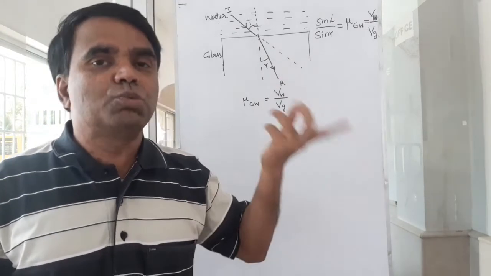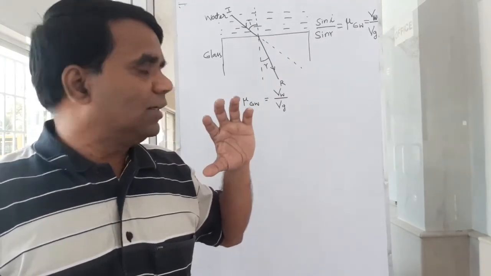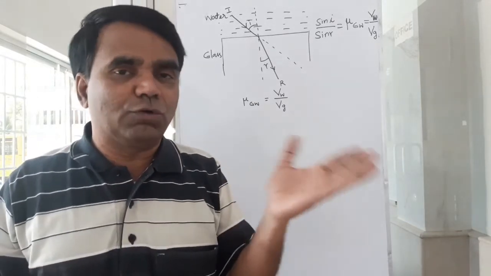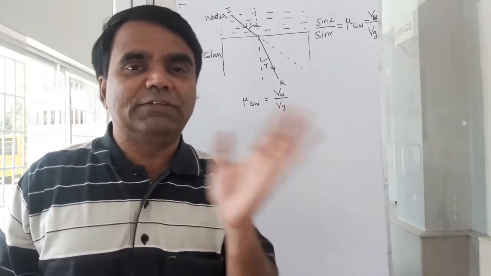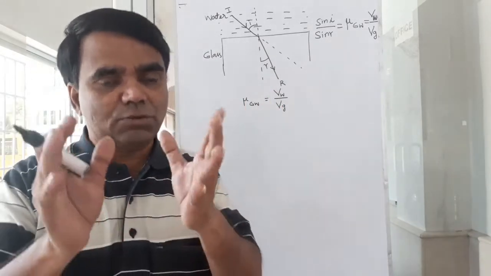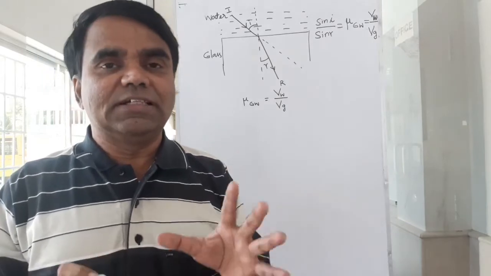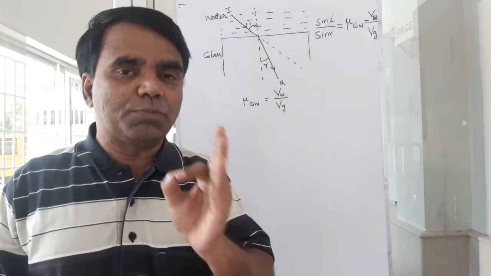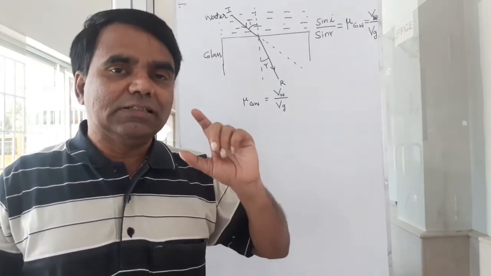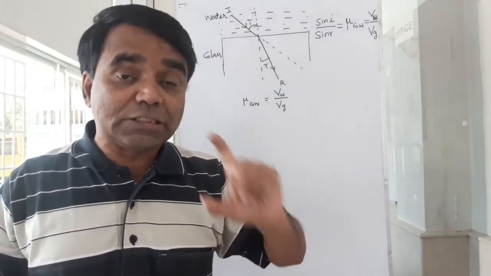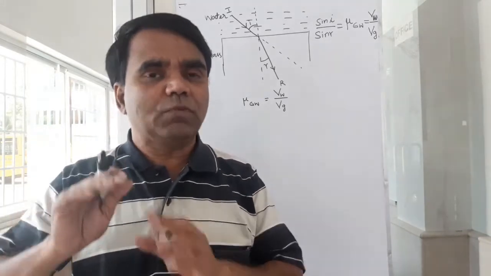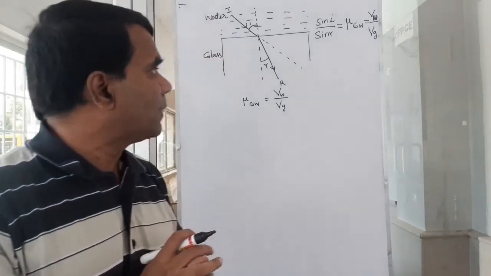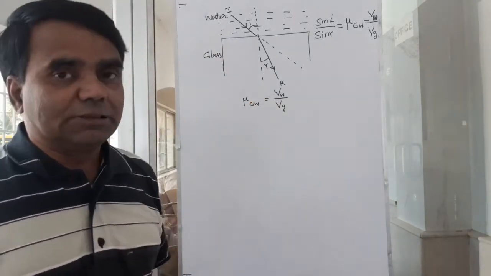With respect to vacuum, the refractive index of glass, maybe a particular type of glass, is 1.5 or 1.51, 1.52, 1.48, something like that. Depending on the glass, you will have different refractive indexes. But let's say it's 1.5. So if the refractive index of the glass is 1.5, what you mean by that is the refractive index of glass with respect to vacuum. Okay. So this is what it is.